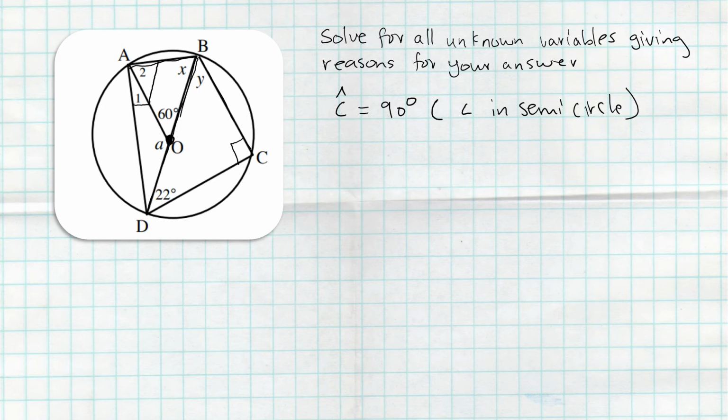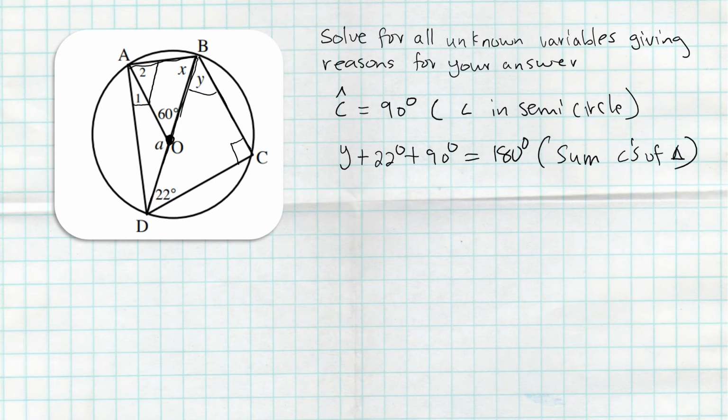Then to solve for y, I'm just going to say angle y from this triangle, angle y plus 22 degrees plus 90 degrees is equal to 180 degrees, because these are angles of a triangle, and we know that they are supplementary. So to solve for y, we say 180 minus 90 minus 22 degrees, which will give us 68 degrees. So our y is 68 degrees.